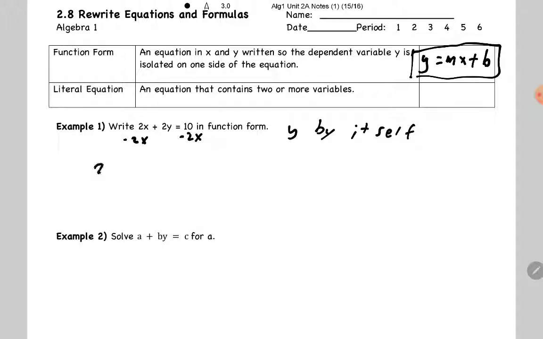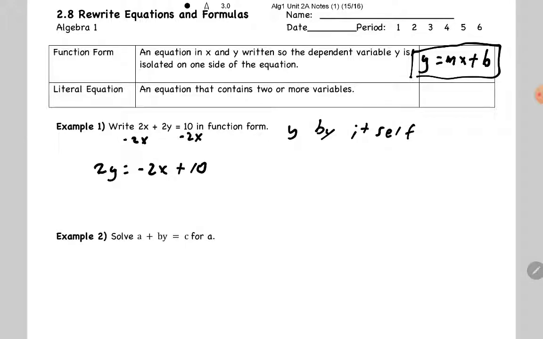So I have 2y equals, now this is not 10 minus 2, okay? Remember we can't add our x's and our constants together. So I'm just going to leave it with negative 2x plus 10. Nothing gets combined here because this is x and that's a constant.